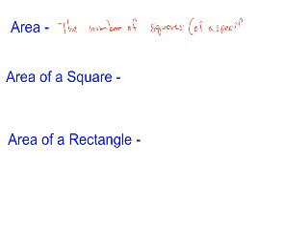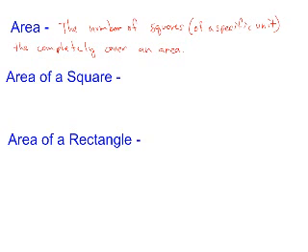So they'll either be inch by inch squares or centimeter by centimeter squares or mile by mile squares. Or in general, a lot of times we just say unit squares, which means we don't really tell you exactly what the units are. We just say that all the units are the same. So it's the number of squares that completely cover an area.